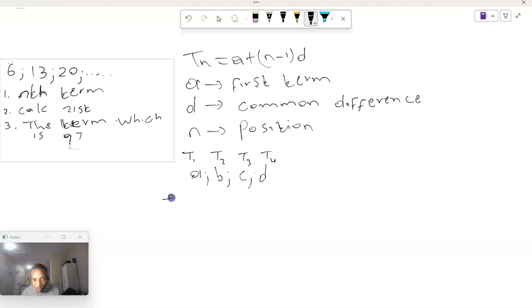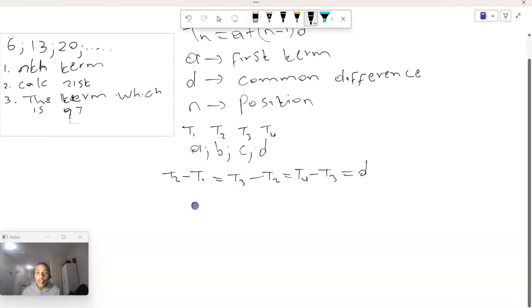So T2 minus T1 is equal to T3 minus T2, which is also equal to T4 minus T3. All of these give us the common difference, represented by the small letter d in our equation.